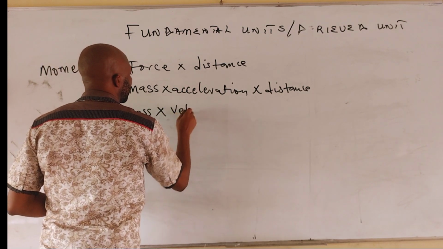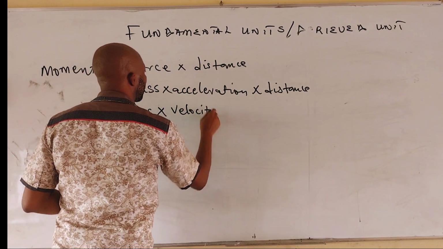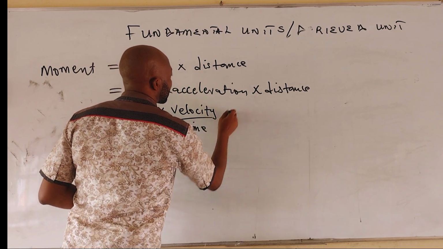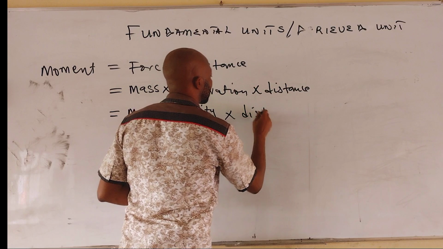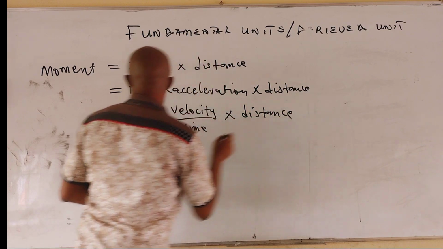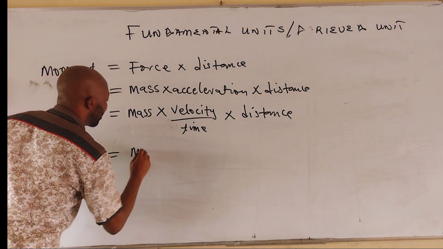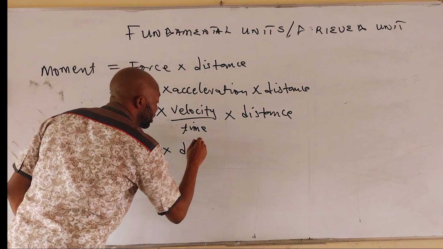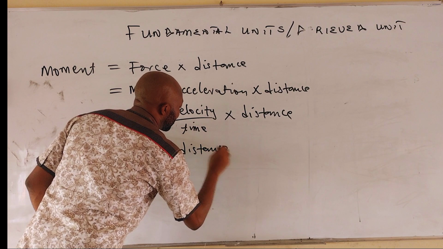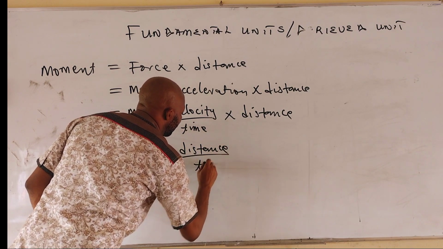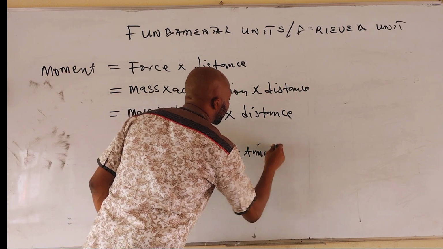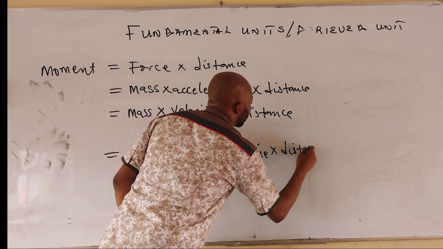Acceleration is velocity over time times distance. And this is equal to, this is my mass. Velocity is distance or displacement over time, divided by time times distance.